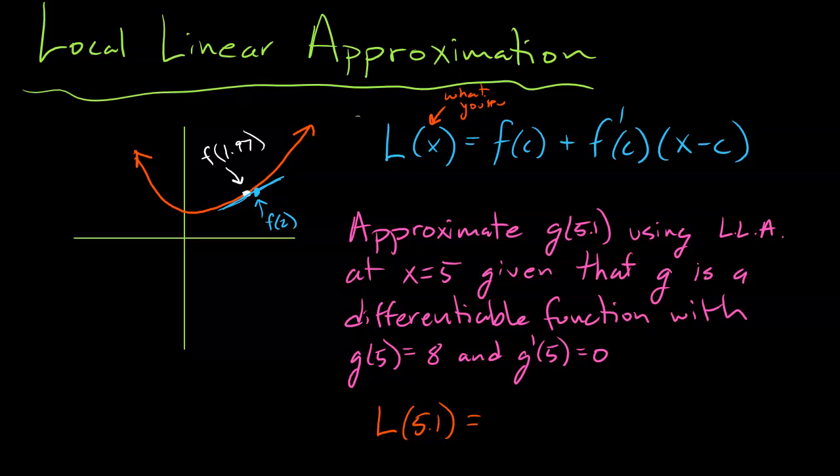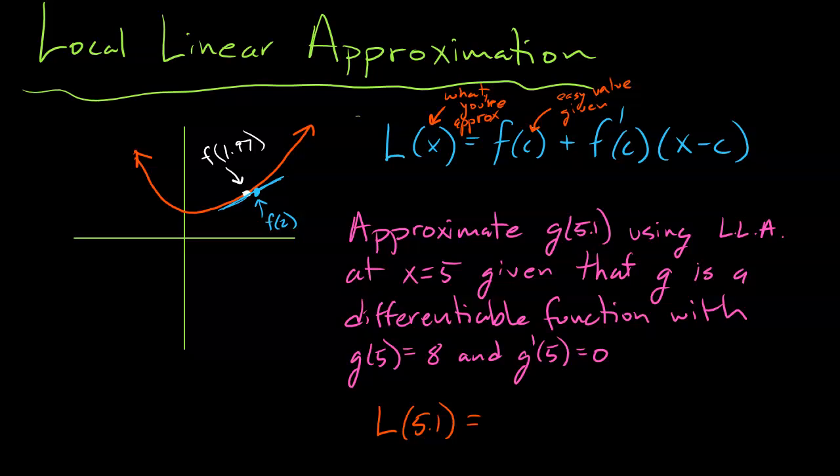What you're approximating, so x is the one that you're focused on. C is the easy value given. And I say given or you choose. So C is the nice number. X is the approximation that you're trying to find.